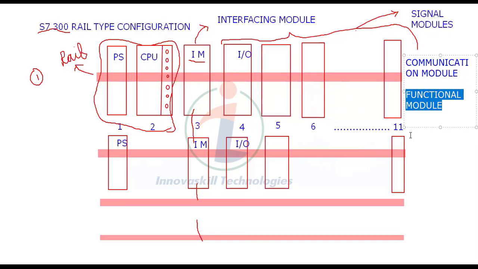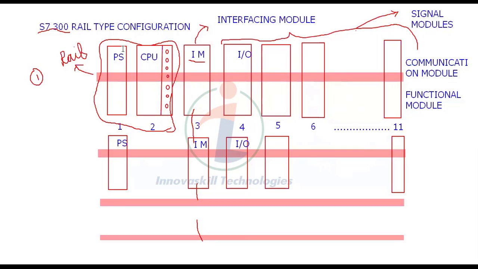Then we can buy a module which supports 4 to 20 milliamps and connect it in the place of an IO module, and that is called a functional module. It is used for some predefined function, and is also called a special function module. It will do some special functions like this.